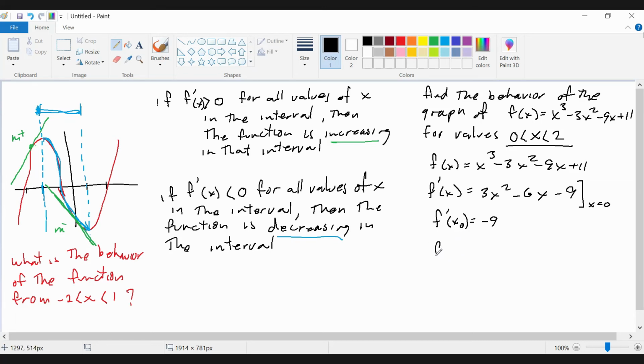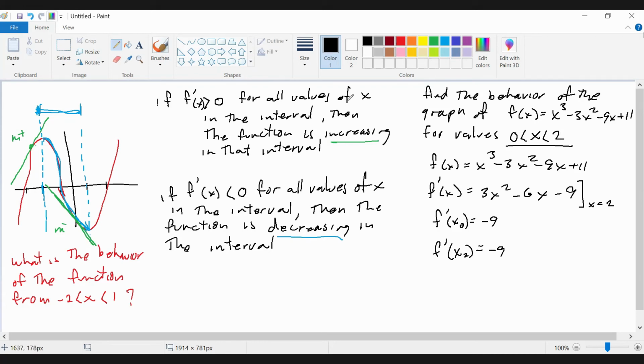How about f prime of x when x is equal to 2? What value will we get? Negative 9 as well. Okay, so we just tested the ends, or the limits.